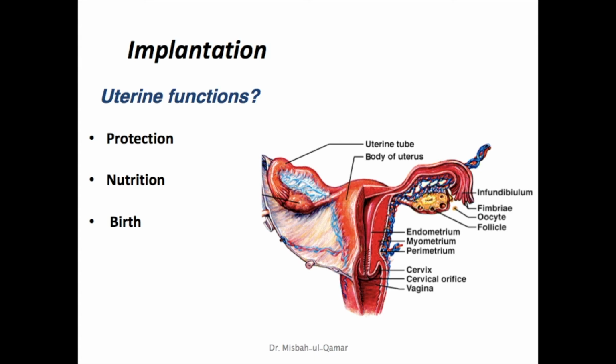The functions the uterus performs after implantation are the protection of the embryo or the fetus, then its nutritional support, and also the ejection of that fetus at birth.